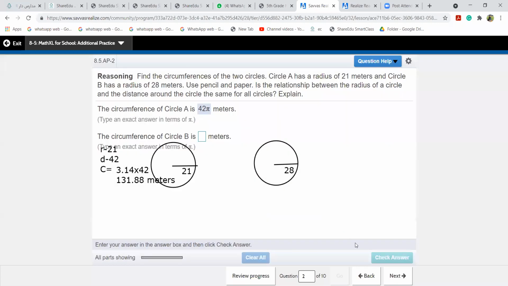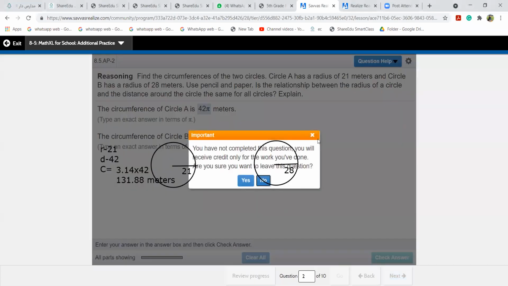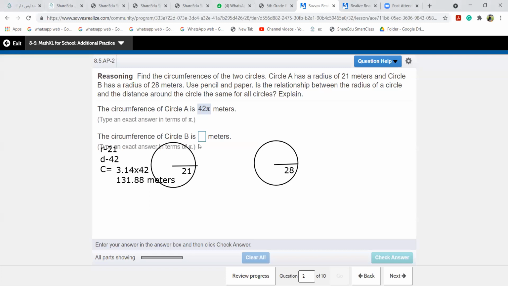Well done. If they ask you in terms of 3.14, you will calculate. So what is the next thing? They said what is the circumference of circle B? Judy?